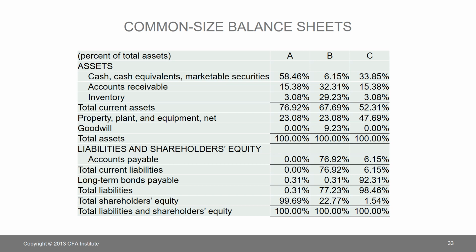As you can see, current assets relative to current liabilities affect the assessment of liquidity. In this case, company A is more liquid than company B. For company A, current assets are 77% of assets versus current liabilities at 0%. For company B, current assets are 68% of assets versus current liabilities at 77%.